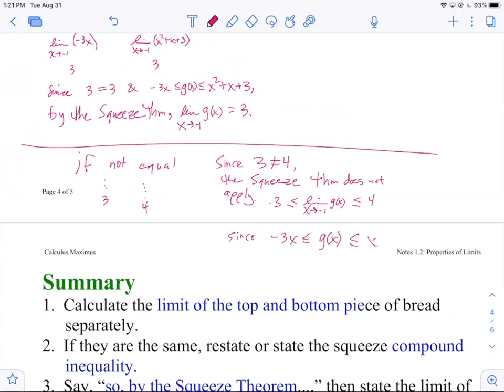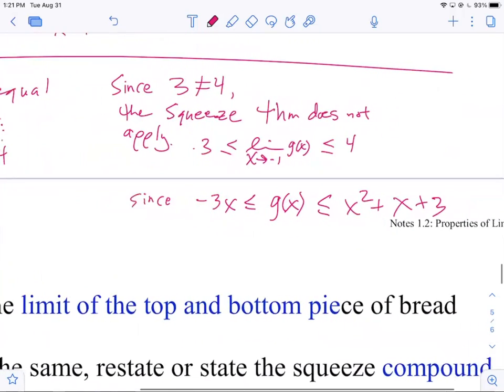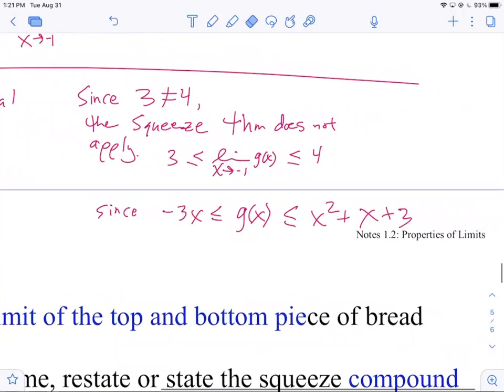Now, remember, if you state that, and I doubt you'd be asked that, it's just understanding what information we still have, right? The smaller number always goes on the left, the bigger number always goes on the right.